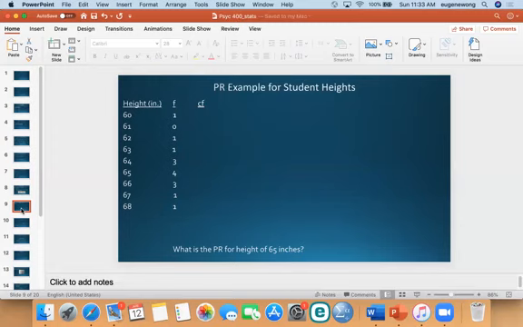Let's say that what I have is a set of students whose heights went from 60 inches to 68 inches. And you can see that there was one kid that was 60 inches tall, 0 kids that were 61 inches tall, 1 kid 62 inches, and so on, all the way to 68 inches. So what I'm showing you here in this slide is the frequency distribution.